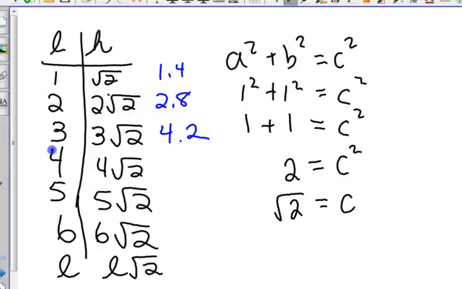And 4 times the square root of 2? 5.6. And 5 times, that's 7.0, right? Yeah. And then 8.4. And now that we have these data points, we're going to graph them on the graph that you have on your worksheet.